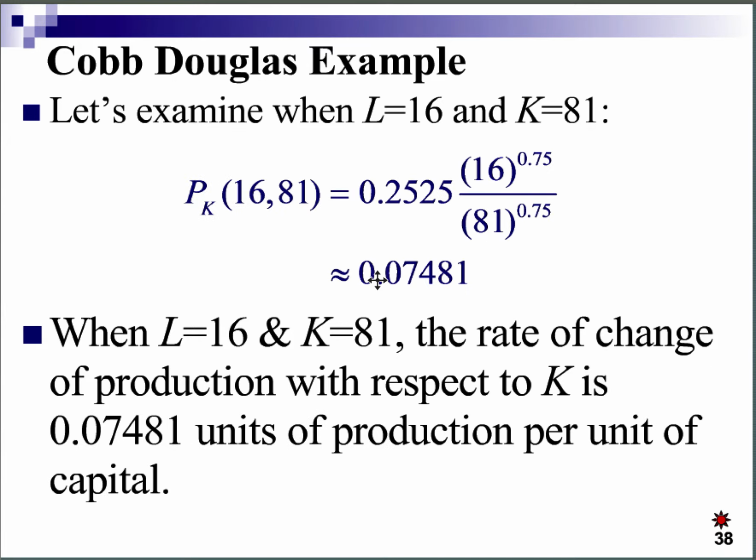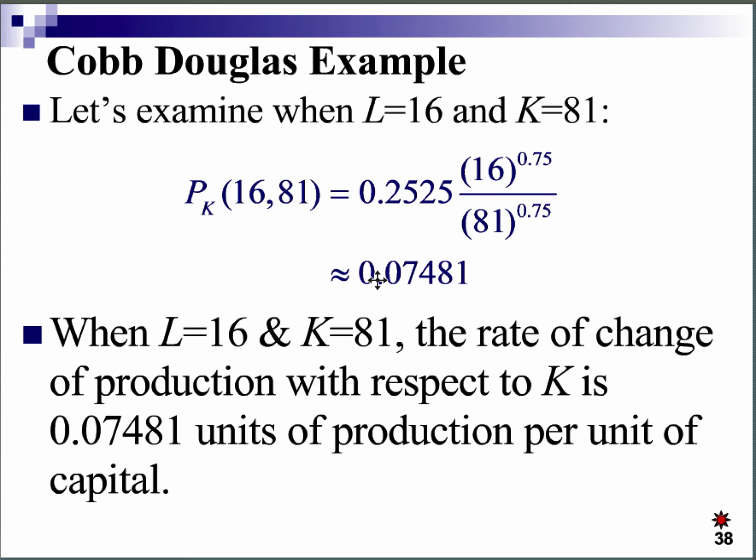We can do a similar calculation for the marginal productivity of capital function, plugging 16 and 81 into that function. And when we do that, we get 0.07481. So when labor investments are 16 units and capital investments are 81 units, the rate of change of production with respect to capital K is 0.07481 units of production per unit of capital.